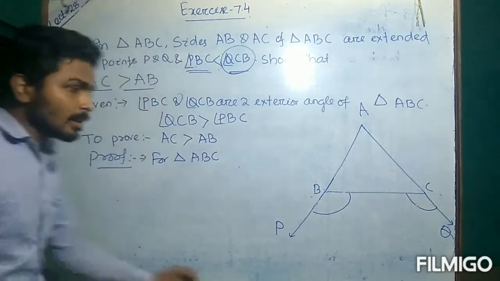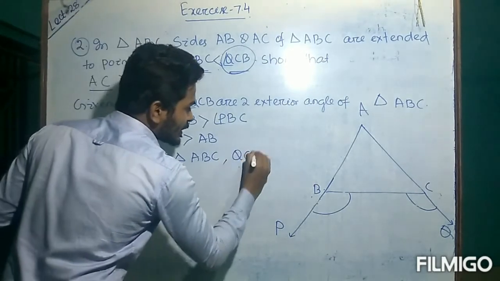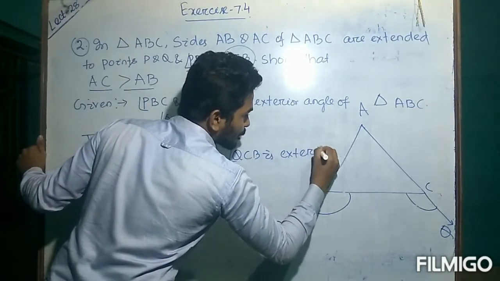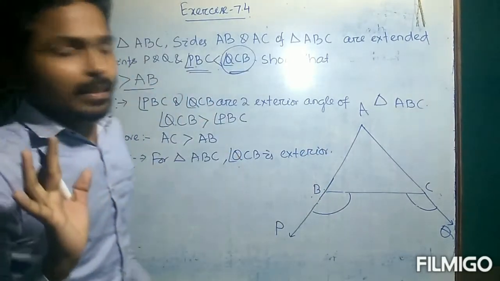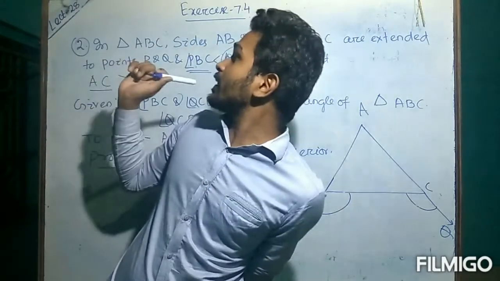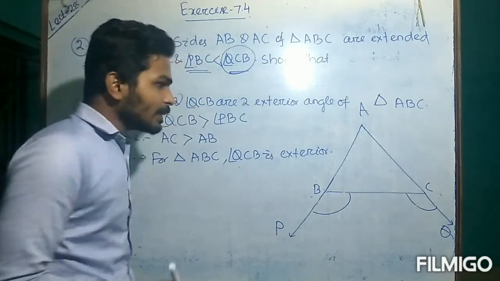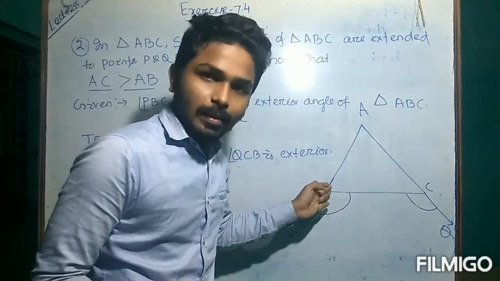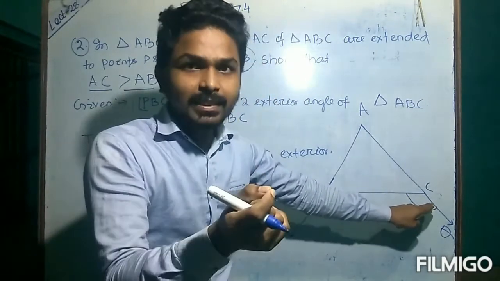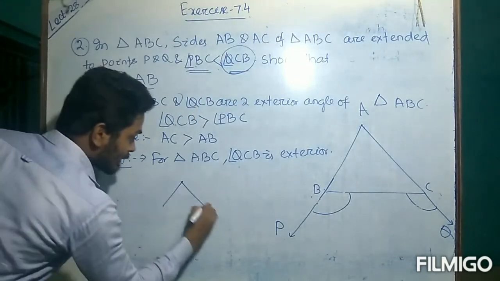QCB is exterior. And just recently we have discussed in example number 9, lecture number, I think it is 26, that in a triangle the exterior angle is always greater than its interior opposite angle. How? Let's understand it.